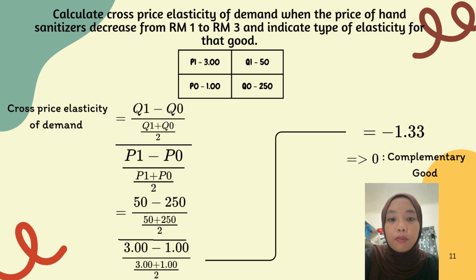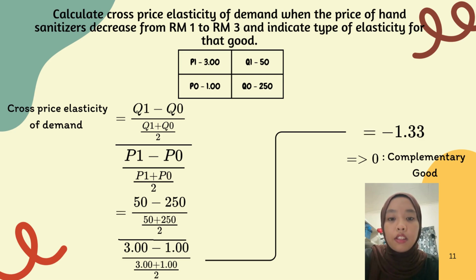It is 50 minus 250 divided by 50 plus 250 divided by 2, divided by 3 ringgit minus 1 ringgit divided by 3 ringgit plus 1 ringgit divided by 2.